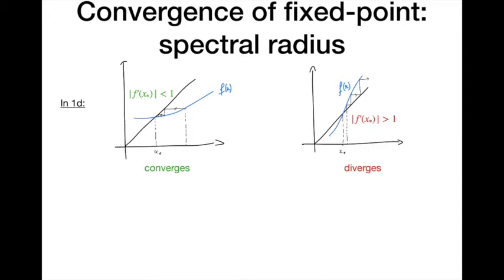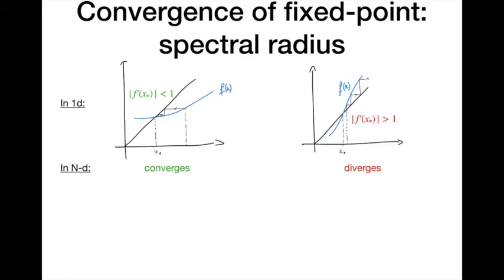And a few words about the convergence. It's easy to understand in 1 dimension, and then in n dimensions it's just a generalization. It converges when the value of the derivative of the function at the fixed point is smaller than 1. When it's bigger than 1, like in this case, however close you start, it repels away from the fixed point.